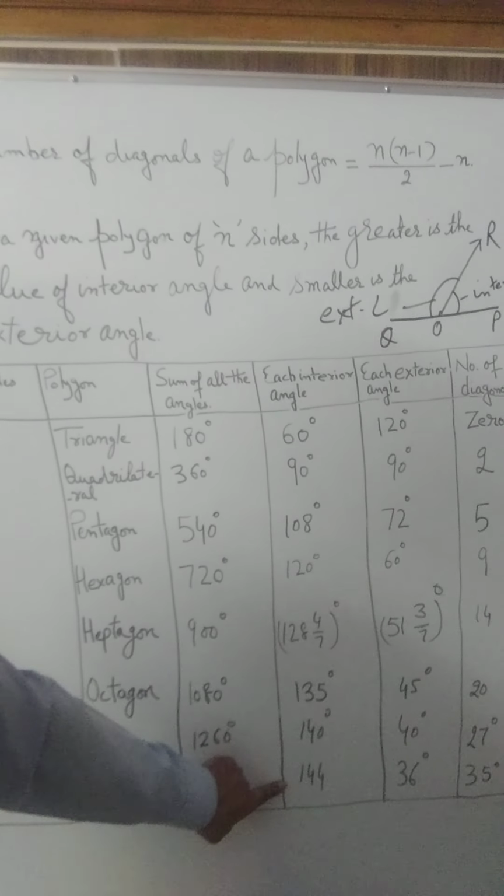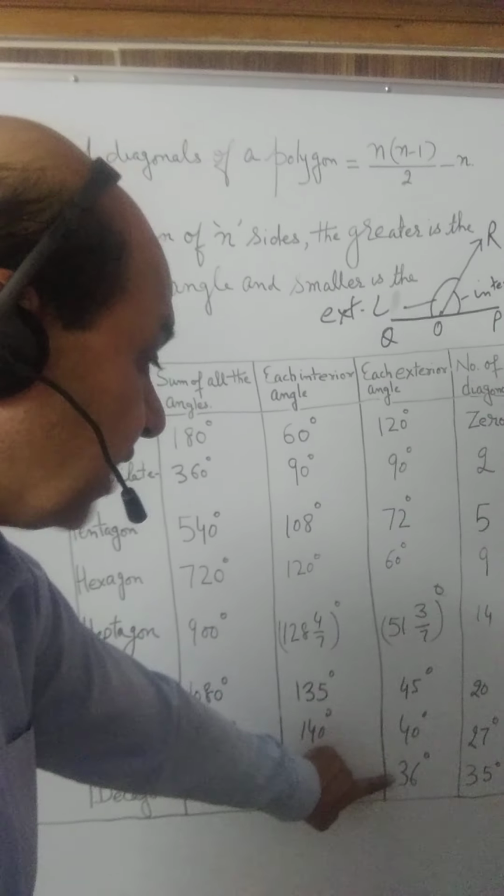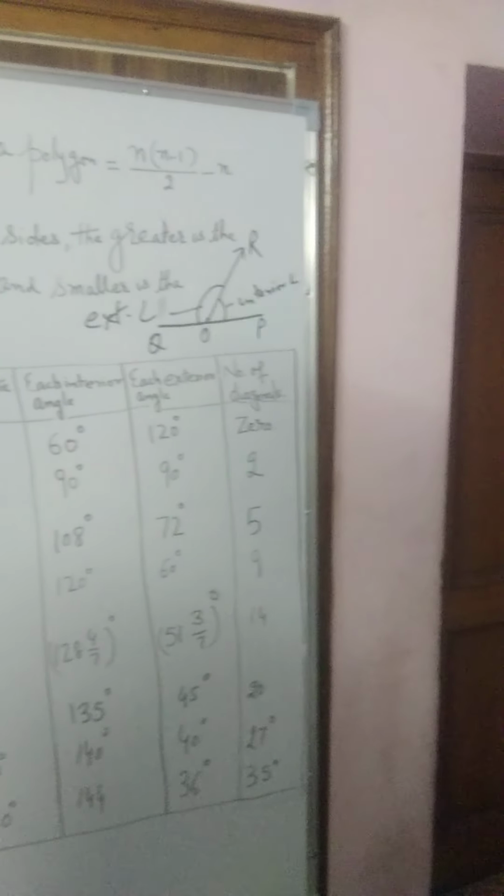Each interior angle is 144 degrees, each exterior angle is 36 degrees, and number of diagonals it has is 35.